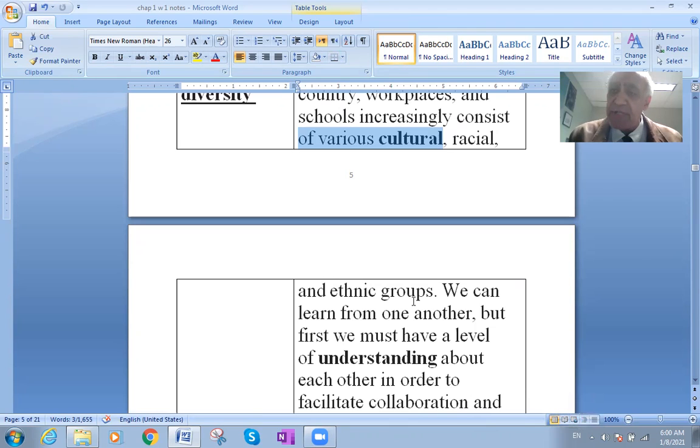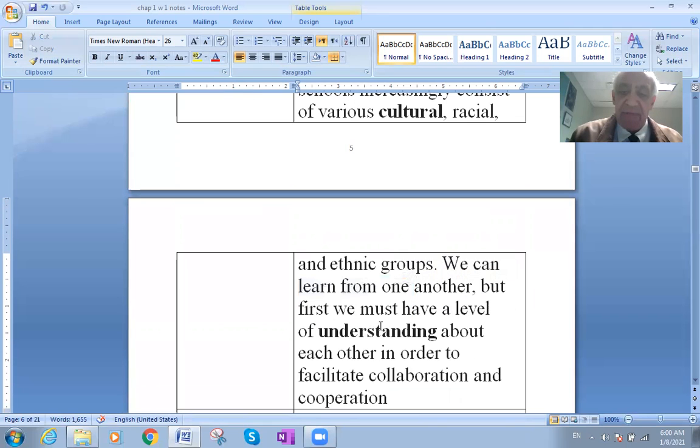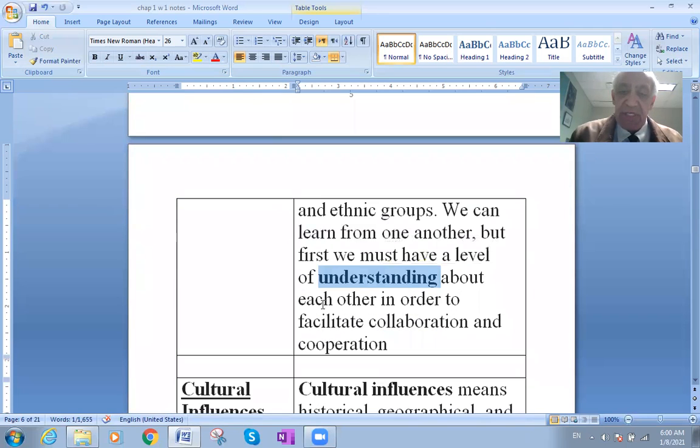The whole world is connected to each other. And ethnic groups, we can learn from one another. I can take positive things of your culture, and you can take positive things of my culture as well. But we first need a level of understanding about each other in order to facilitate collaboration and cooperation.